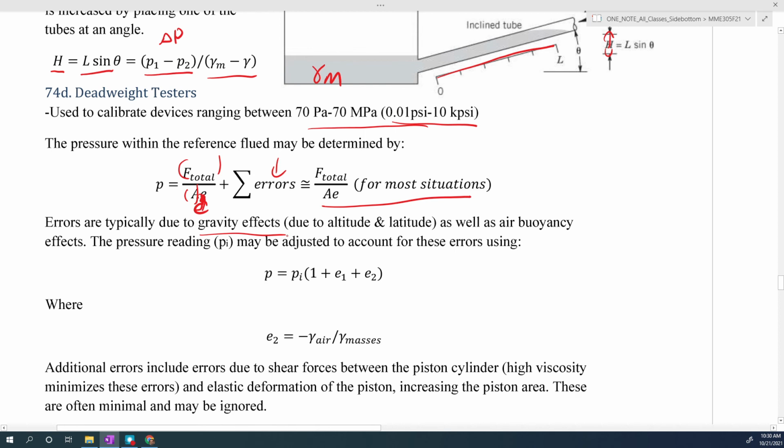So you can adjust the pressure reading to account for those errors using the E1 term we talked about earlier when we were talking about barometers, and the E2 term deals with the buoyancy effect here.